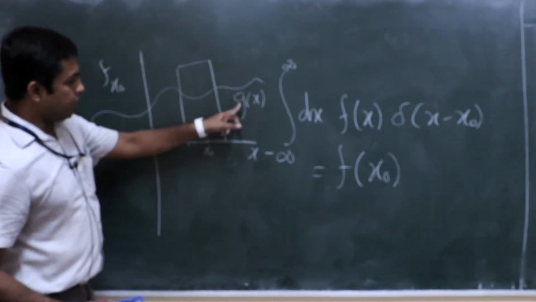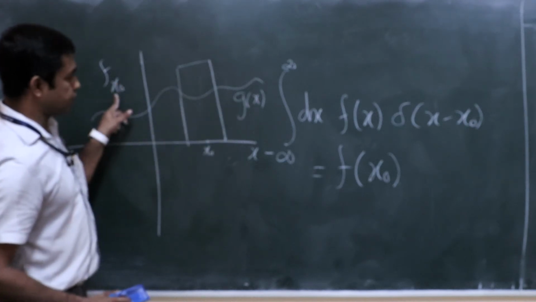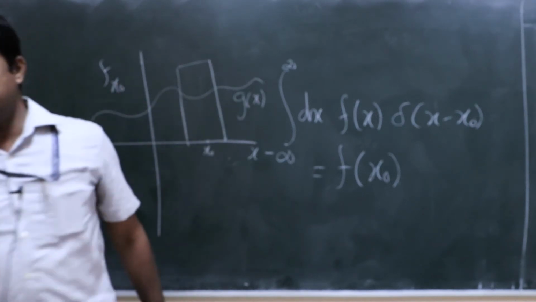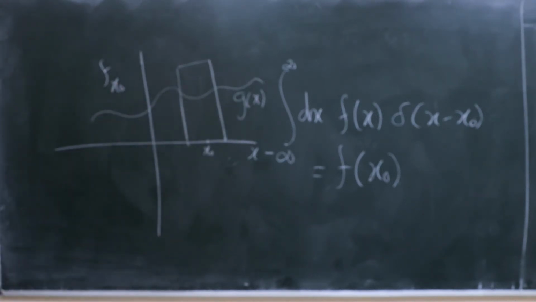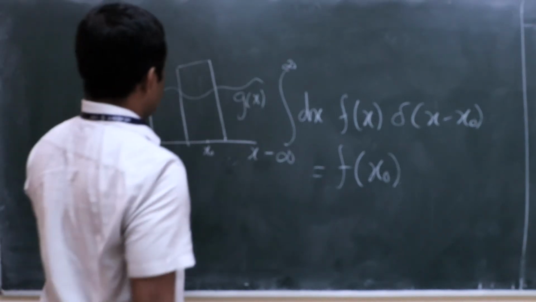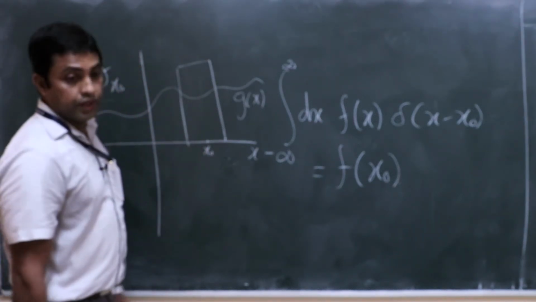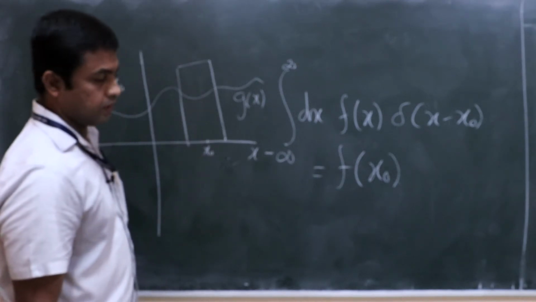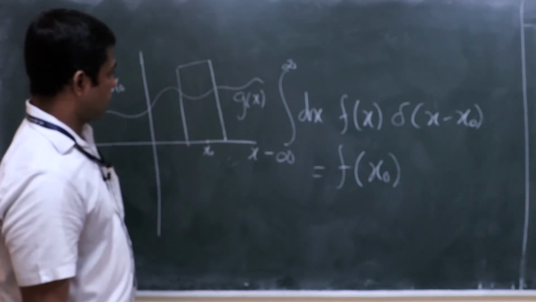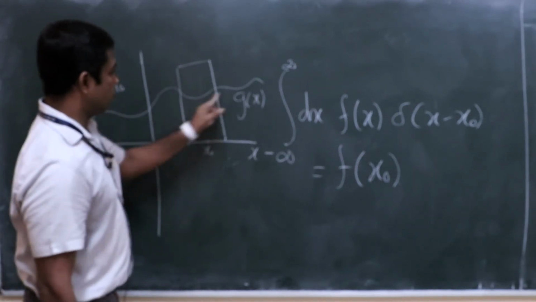If I multiply g of x and the box function and integrate from minus infinity to infinity, what am I going to get?